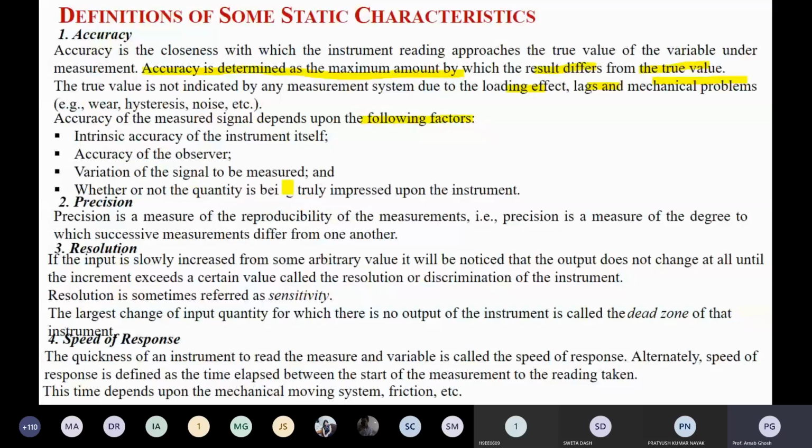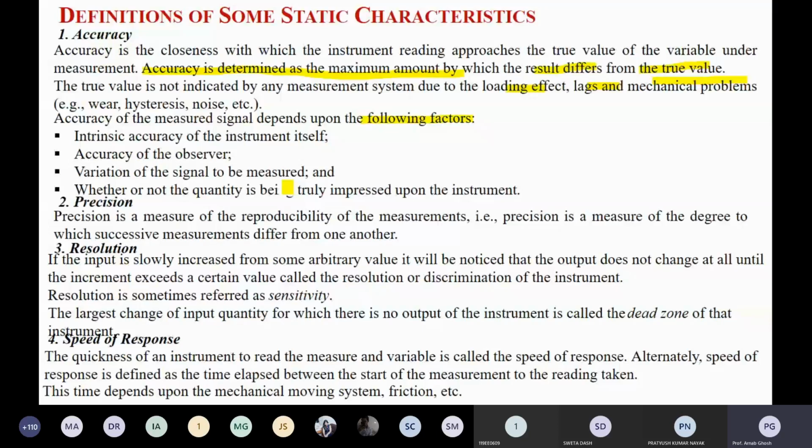If you are going for a very sophisticated application, you have to think about the accuracy of the instrument: if you give some response to the instrument, how much difference comes, and what maximum range it can calculate or collect data for. That is your accuracy point.